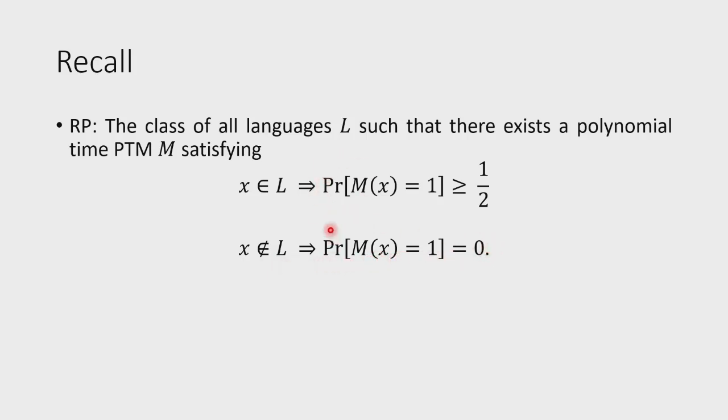Here the probabilities are taken over the internal randomness of the Turing machine. Notice that if M is a Turing machine for a language in RP, whenever it outputs 1, it is always correct, and whenever it outputs 0, it might be wrong. So this is a one-sided error class, and it's easy to show that P is contained in RP and RP is contained in NP.